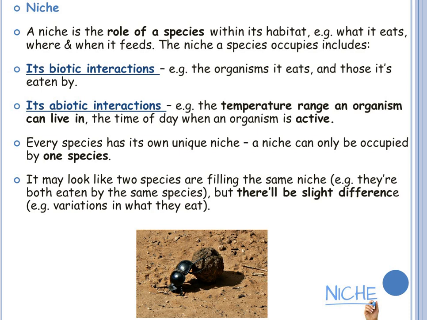And every species has its own unique niche, and a niche can only be occupied by one species. It may appear like two species are filling the same niche, like they're both eaten by the same species, but there'll be slight differences, e.g. variations in what they eat.